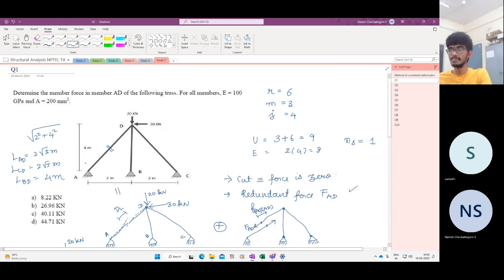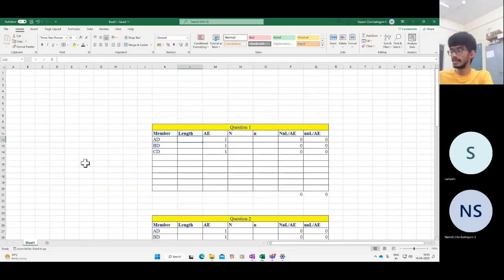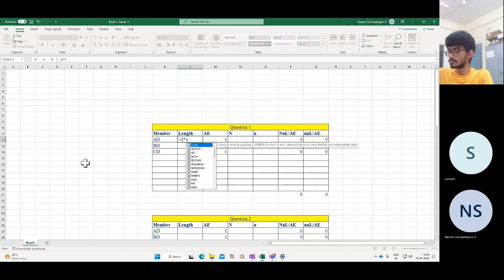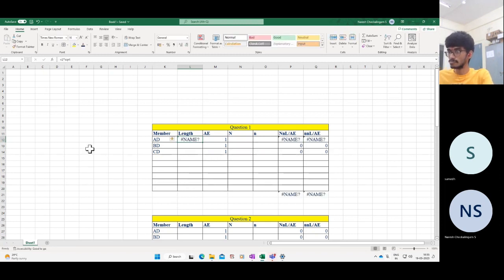So let us fill that in. The length of AD is 2 root 5. The length of CD is the same, and the length of BD is 4 meters.